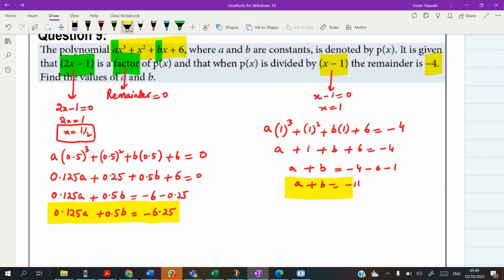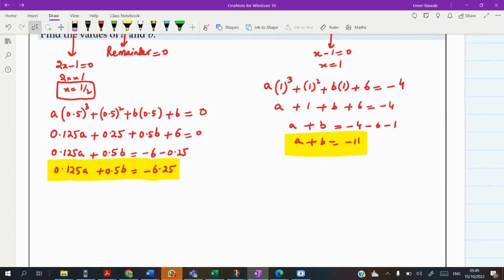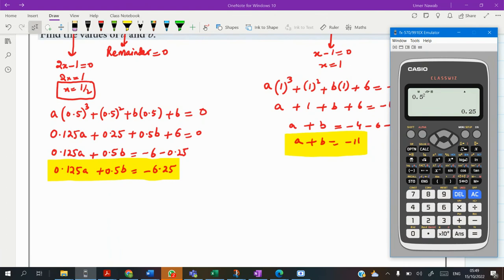Now, when I got this equation, it tells me that we have a system of two simultaneous equations to solve. Let's do it. Go to the menu and find the simultaneous equations. Number 1, unknowns are 2. What is the coefficient of a? 0.125, enter. 0.5, enter.